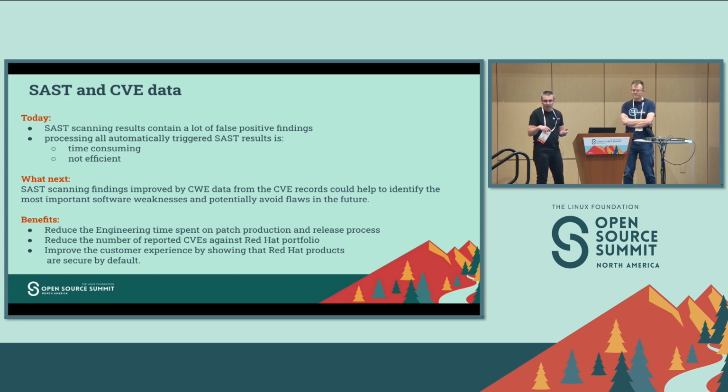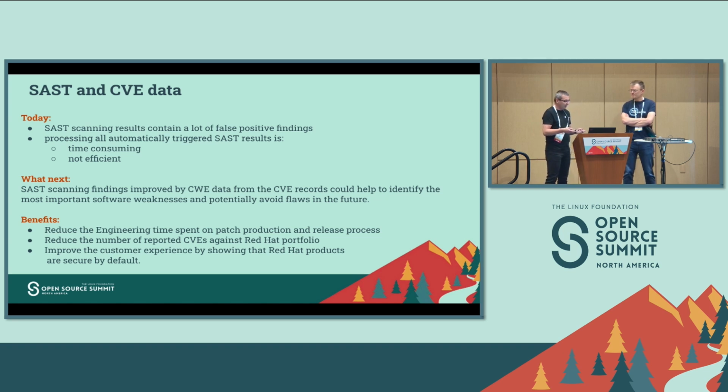When we scan them with our SAST tools, there were 86,000 identified security issues. More than 80% false positive. So SAST scanning is good, but it's time consuming, and trying to process this is not efficient. No one is able to fix everything that is reported there. So how can we improve it?